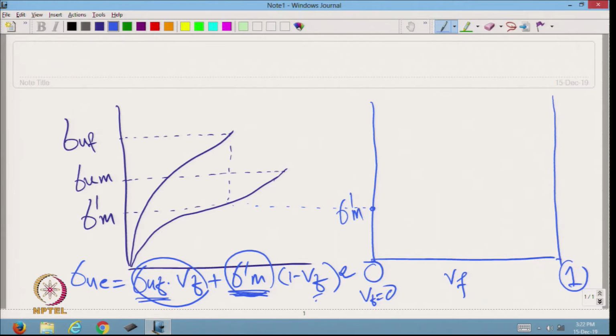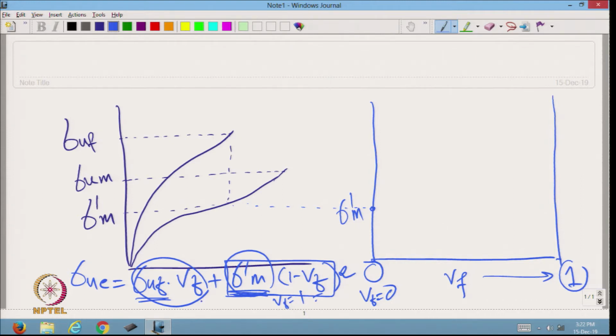At 100% fiber volume fraction, say volume fraction is 1, if you put V f equal to 1, then what will happen? This section will be 0, because 1 minus 1 equal to 0.